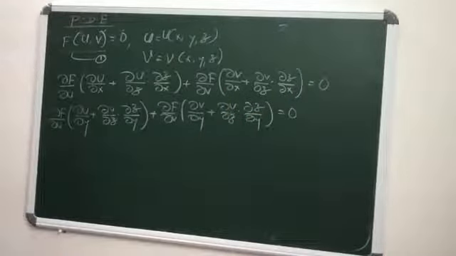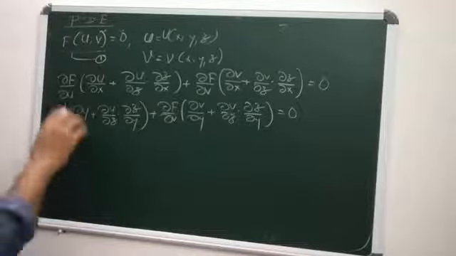So here x and y are two independent variables and z is a dependent variable that depends upon x and y. f of u, v equals 0, where u and v are functions of x, y, and z. After taking the partial derivative with respect to x and y, we have these two equations.